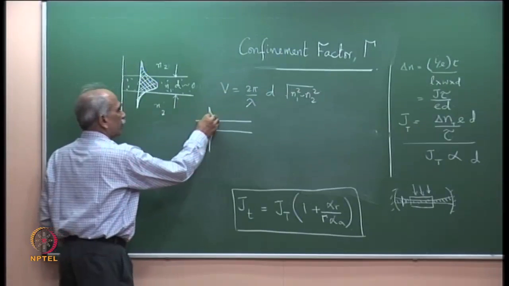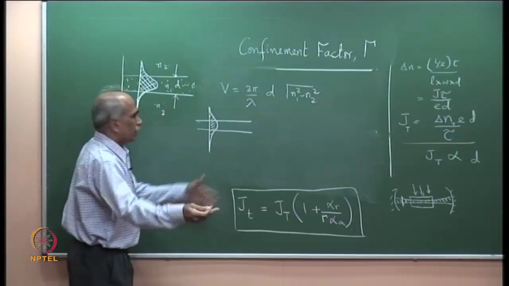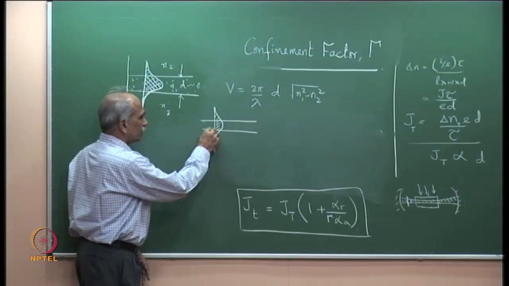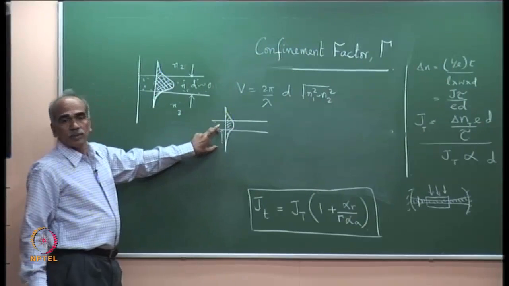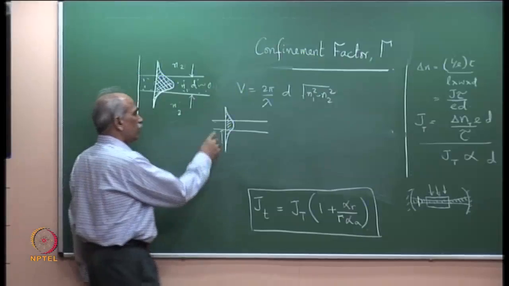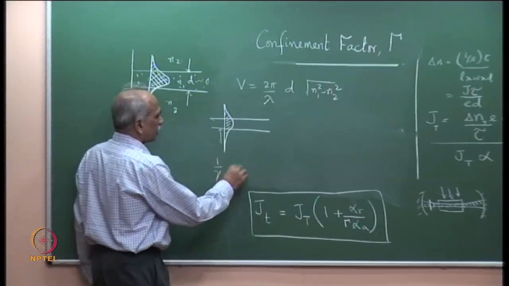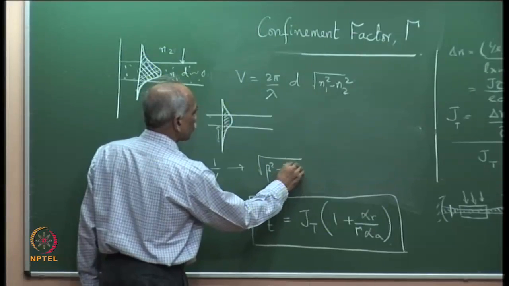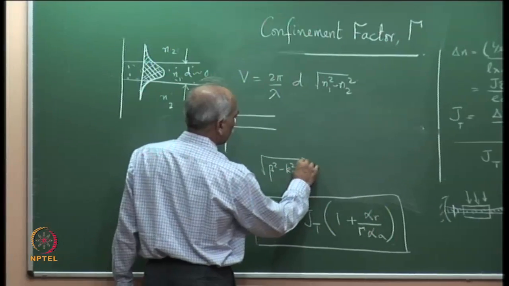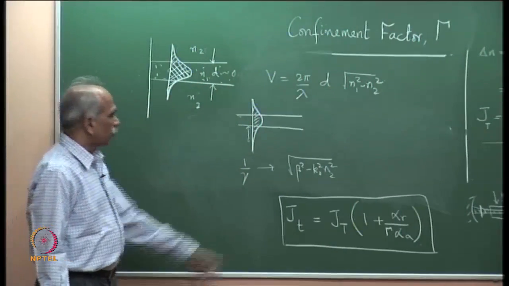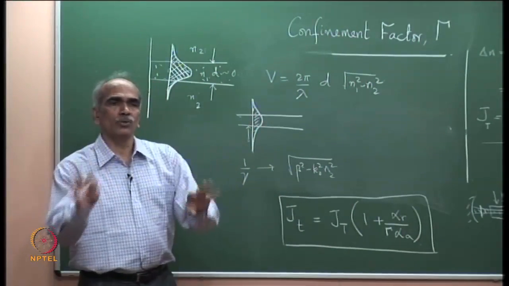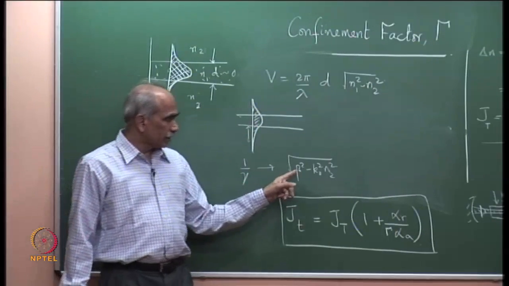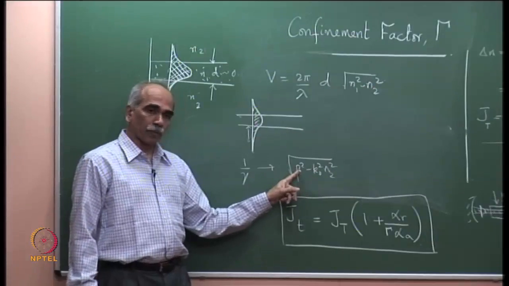Actually, those of you who have done a course on optical waveguides will see that this penetration depth depends on 1 over gamma, and gamma here is the square root of beta square minus k0 square n2 square, where beta is the propagation constant. Those who have not done a course, do not worry, but those who have know that the penetration depth is 1 over gamma.